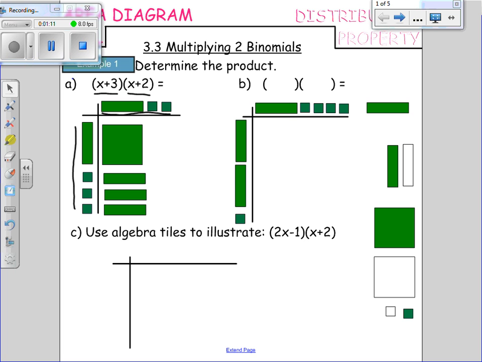You're going to have 1 x there, and you have another x over here, and 6 positive ones in the bottom right corner. Pictorially, it's the exact same process as yesterday, so it shouldn't be any more difficult. It's just a little more time consuming because now we have more things to multiply.